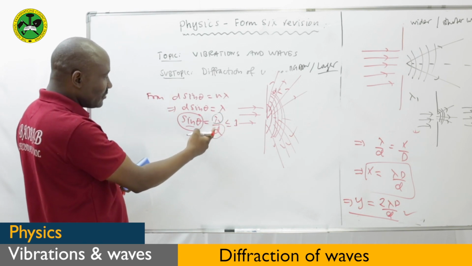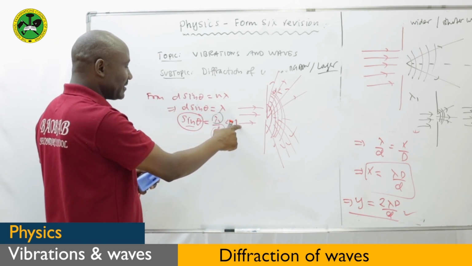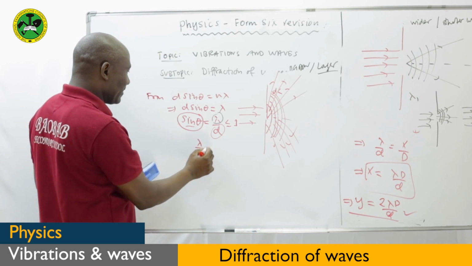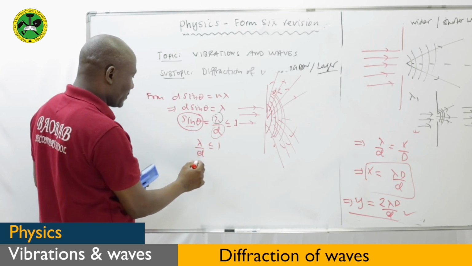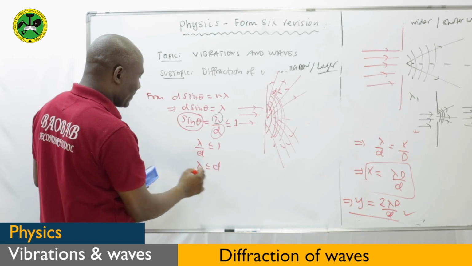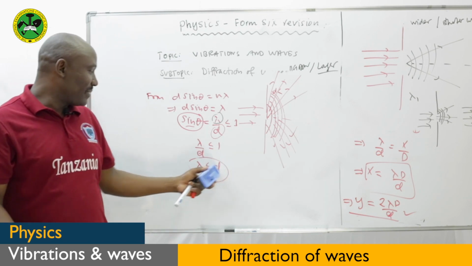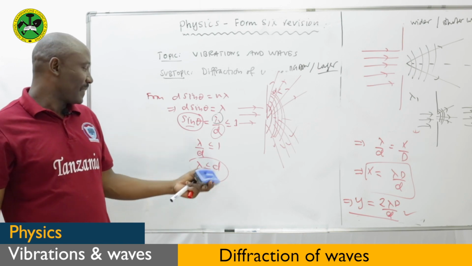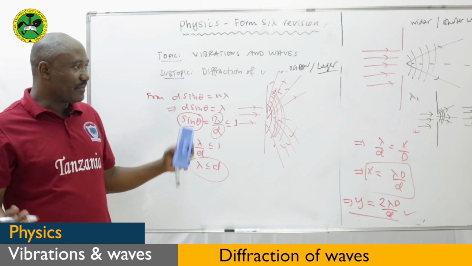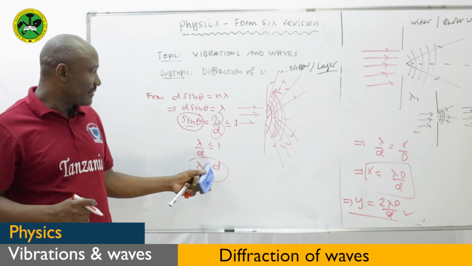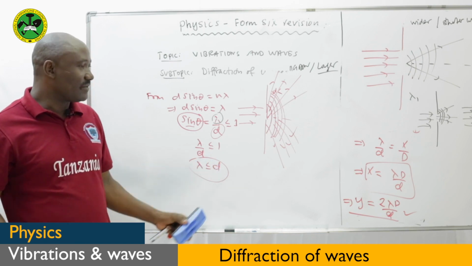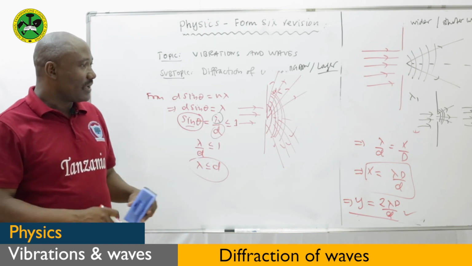So the wavelength over d equals 1 at the limit. We saw that the wavelength of the light source should be of the same order, comparable to the size of the opening. It's not too far off, but if the two can be compared, that's how you find that condition from here.